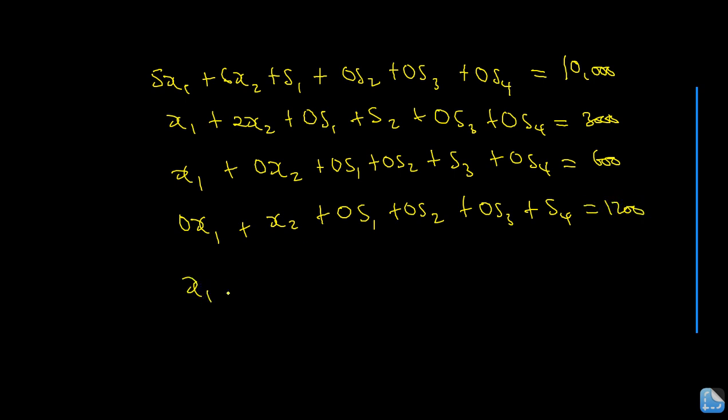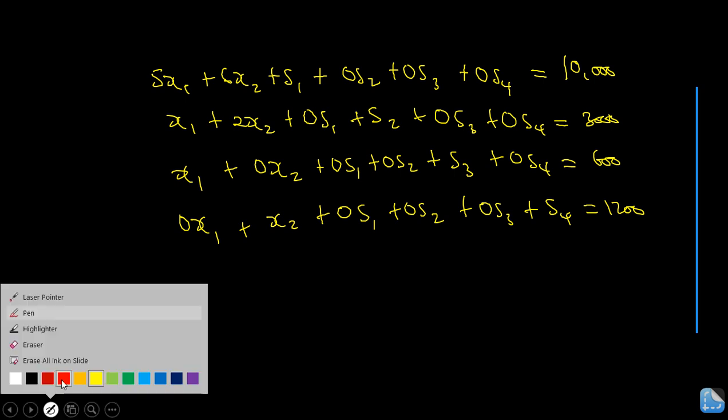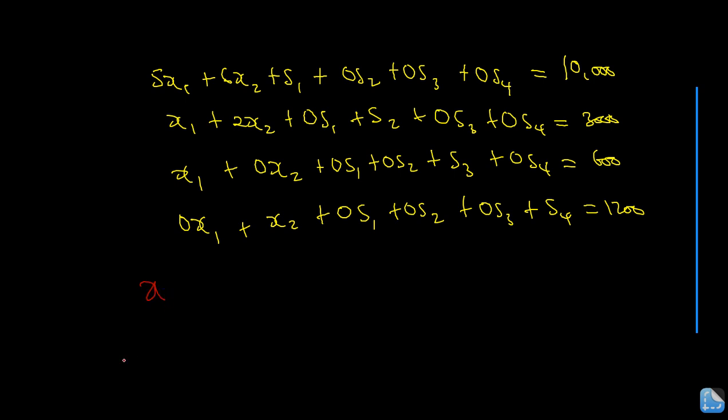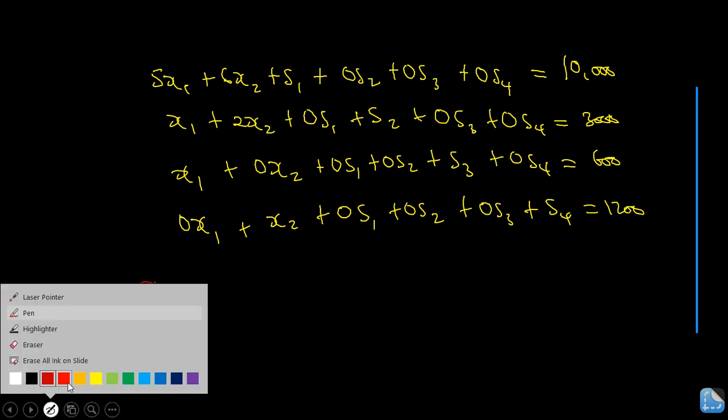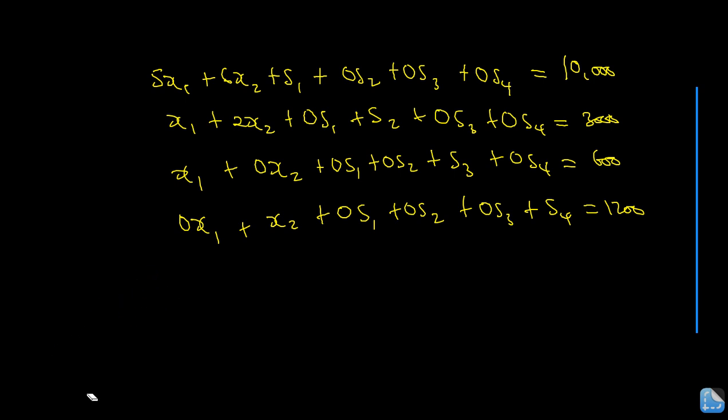And then here you say, I meant to say, x1 comma x2 comma s1 comma s2 comma s3 comma s4 should be greater than or equal to 0. Okay, so this is what you do.